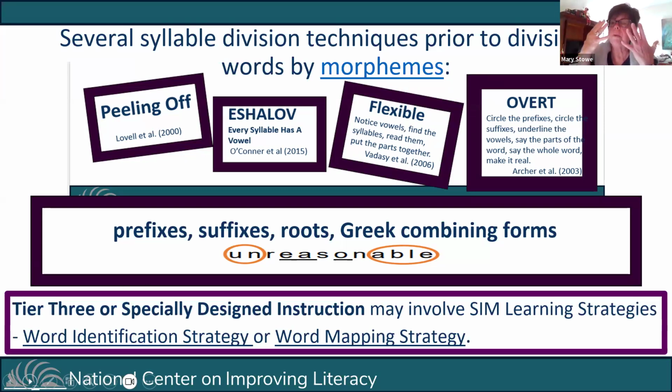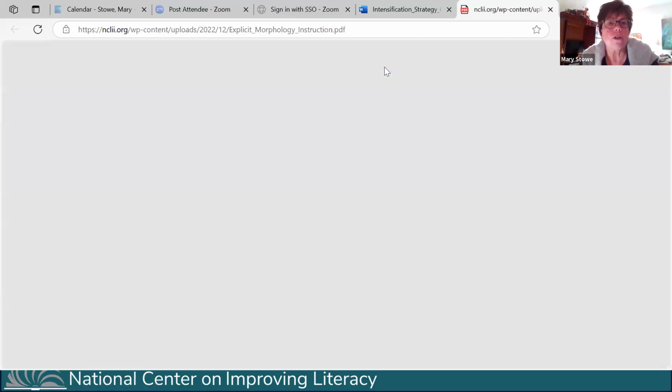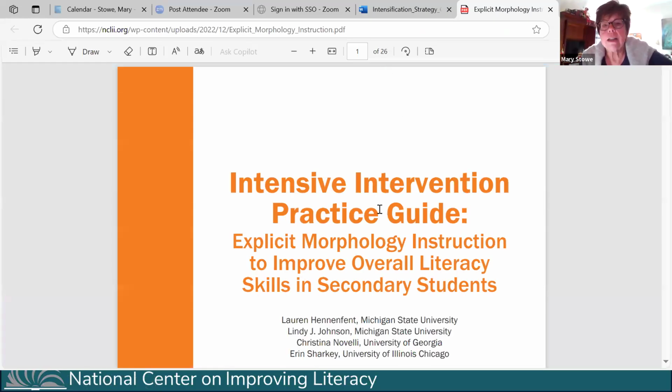things, a couple of, I don't want to say programs because they're not programs. There are recommendations and there are explicit instructional strategies for providing this even more intense intervention. One of them I've linked here, and it will also be provided within the chat for you. It's the Intensive Intervention Practice Guide on Explicit Morphology Instruction to improve overall literacy skills for secondary students.